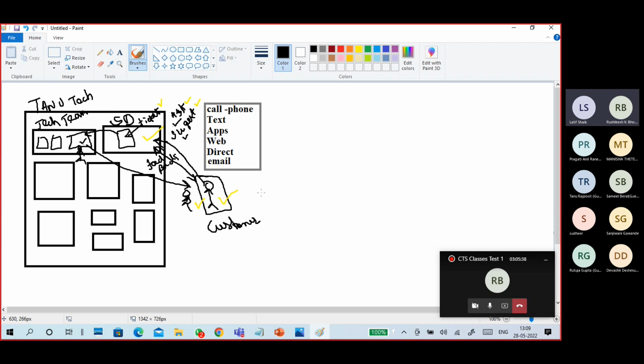First important is closure, whether the problem is solved or not. Next is a survey or feedback, you have to take it. This completes the life cycle, the total part. Guys, understand this part?